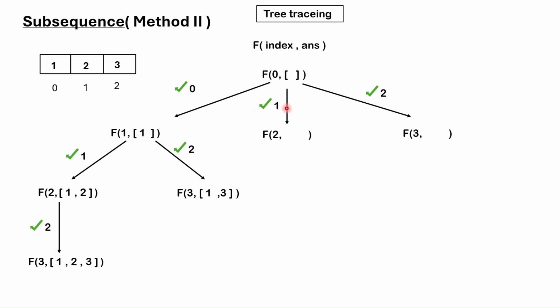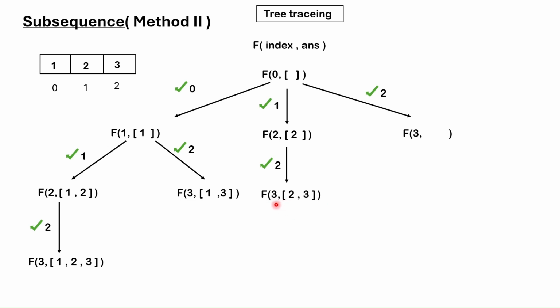Now for this choice, we have picked the first index, so we will get 2. Now if we are at the second index, what choices do I have? I have only one choice there, that is to pick the second index. So we'll pick the second index, move to the third index, and we get 2 and 3.